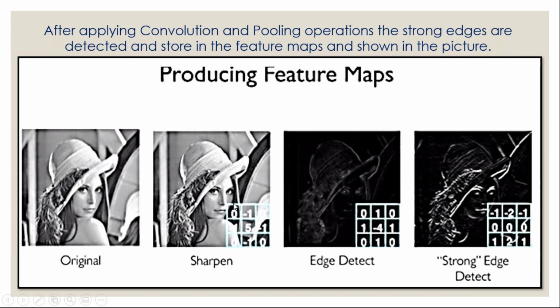You are applying a filter. At the end of the step, you are extracting the edges of the image. Those edges we call feature maps, right? So based on the feature maps only, I'm going to recognize a face, whether it is the Lena face or the cameraman face or whatever it is. So based on the feature map only, I'm going to classify.